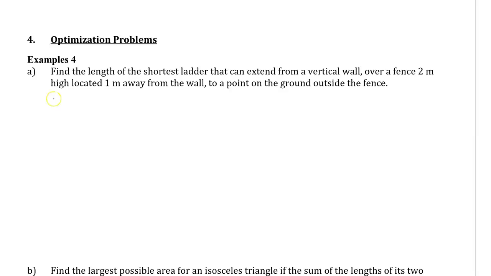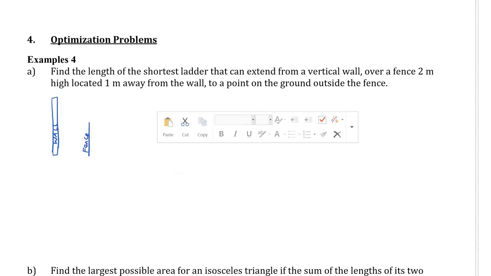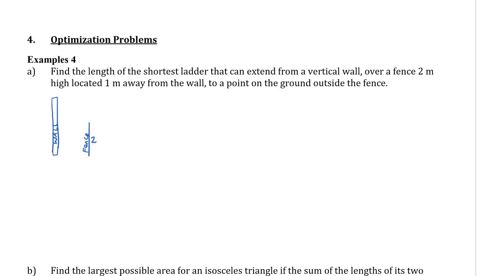Okay, so we have this wall here. And we want to find this ladder that can extend from this wall that's over a 2 meter fence. So the fence will be right here, and this fence is going to be 2 meters.